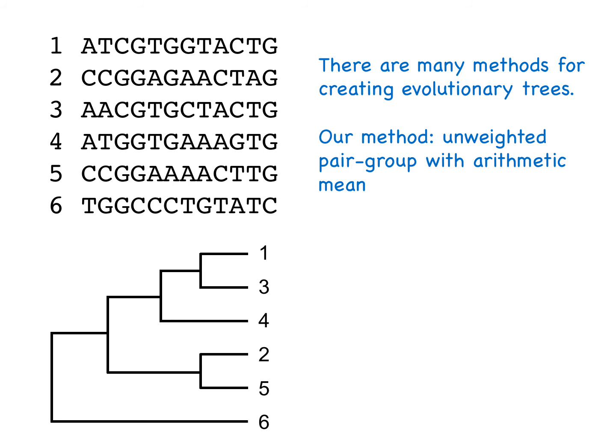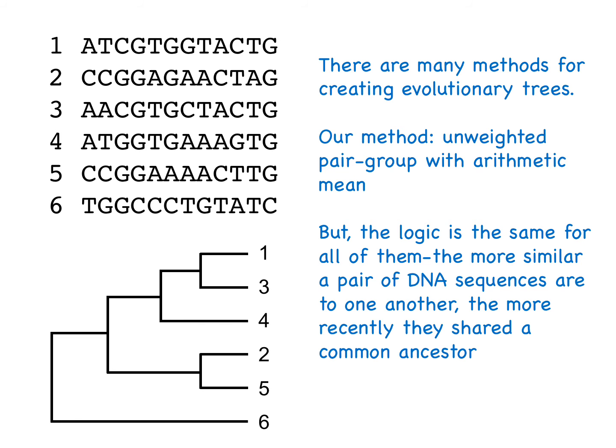But there are many, many methods that people use. It turns out that the logic for all these methods is basically the same, and it comes down to this: the more similar a pair of DNA sequences are to one another, the more recently they shared a common ancestor. That's the basic idea. Now let's talk a little bit about how to interpret an evolutionary tree.